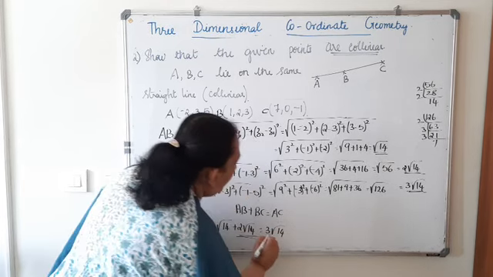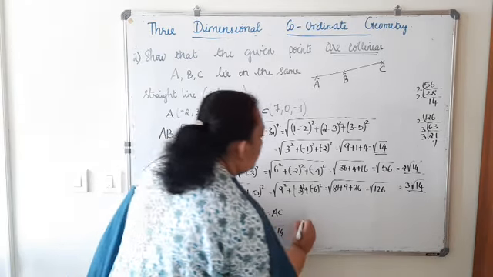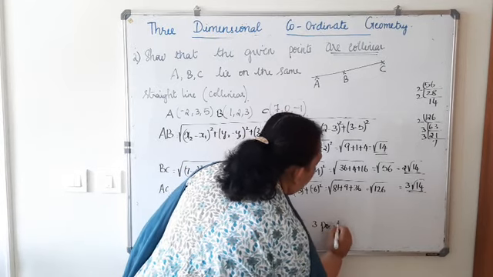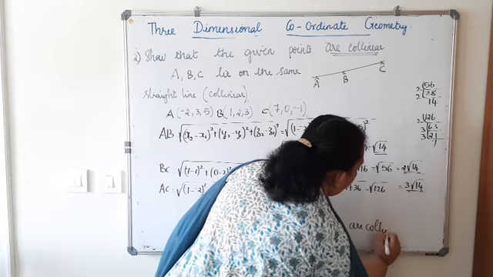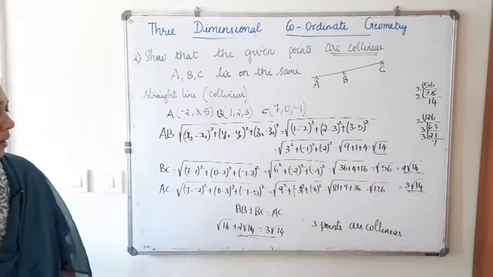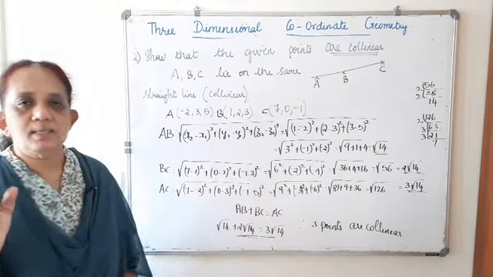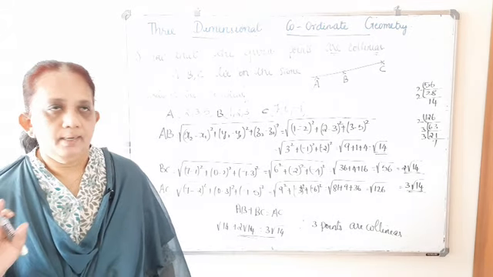Now if it can be expressed in this form, that means therefore the 3 points are collinear. One length of one side is expressed as the sum of other two sides. That means the 3 points are collinear.